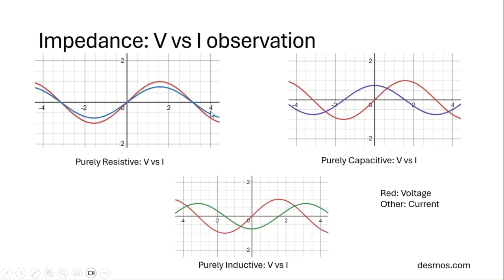Over here for the capacitive circuit, we have differences again in the amplitudes of the voltage and the current, but we also have something else happening here, and it's this kind of shift. Over here the two of them are in lockstep, with the exception of the amplitude, but over here it looks like the current has been shifted to the left.